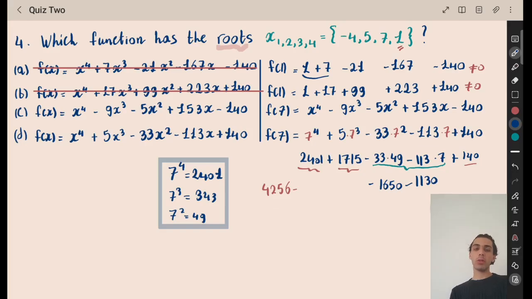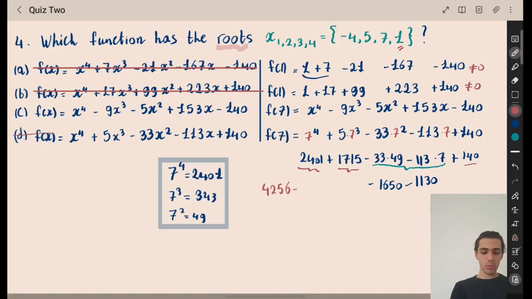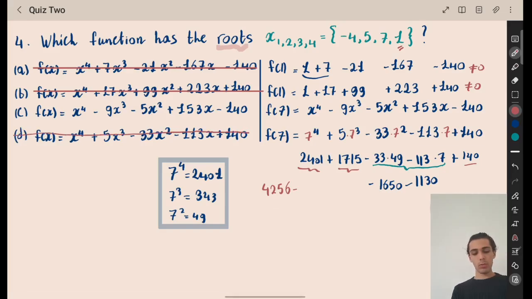And so from this, we already know that this is not going to be a root. Because this is in the 2000s and this is 4,000. So this is less than 3,000, for example, and 3,000 is less than 4,000.